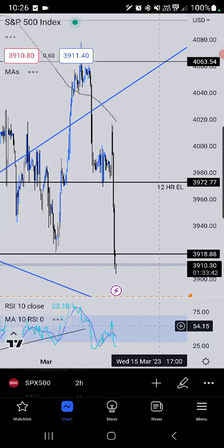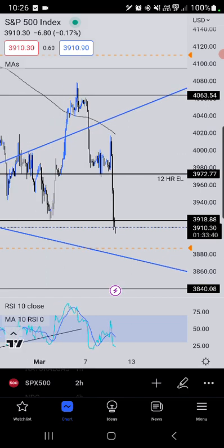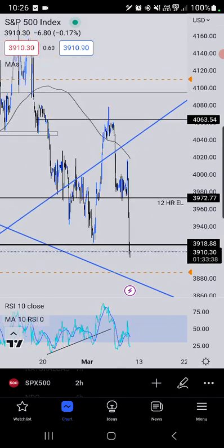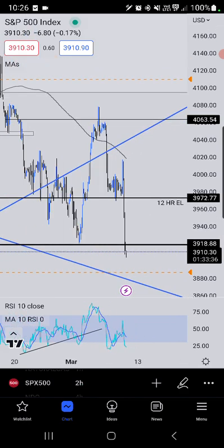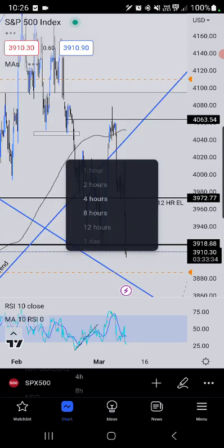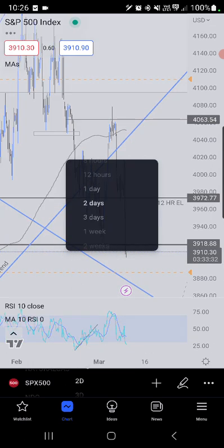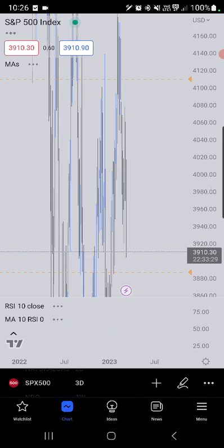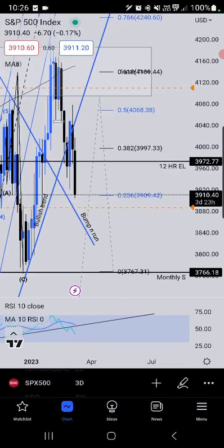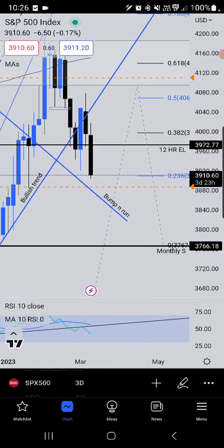S&P, I spoke about this extensively, and the shorts are playing out beautifully. If you didn't catch my video on the weekend, at the start of the week, I went over the S&P on a higher time frame.